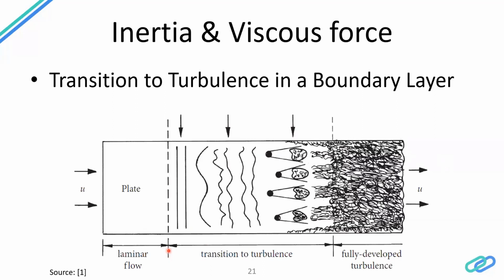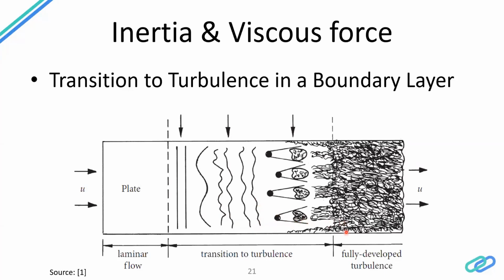As we start going towards the transition region, you could see there start to appear some two-dimensional disturbances, which are then becoming more and more complex in structure. And at some point, the so-called turbulent spots appear, where these two-dimensional instabilities are now becoming three-dimensional.